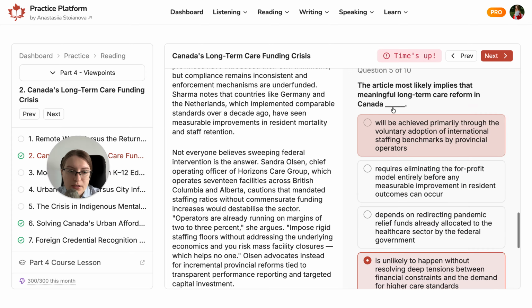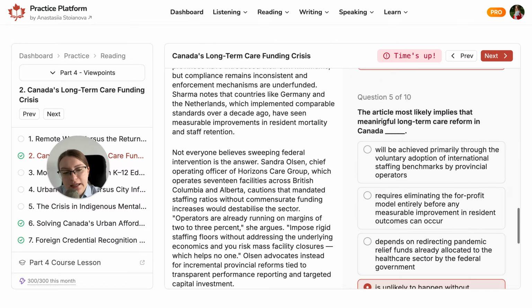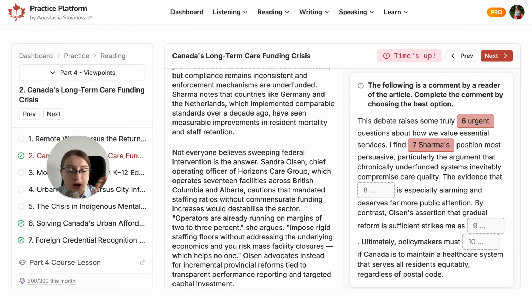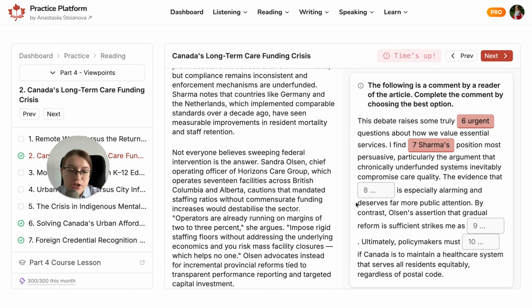Already we had that. We had this, that they would disagree. Sometimes it's quite easy to kind of go back and see that. But you got to keep reading. That's why I said the strategy for this part is that first you read the paragraph very quickly and then you go back if you need. So the evidence that, what kind of evidence? Especially alarming and deserves more public attention.